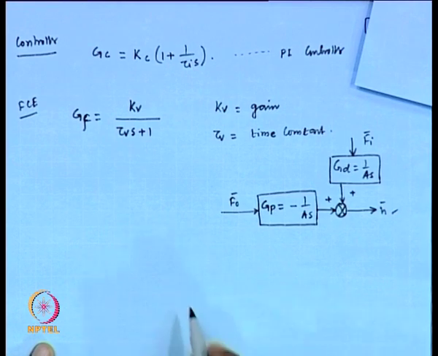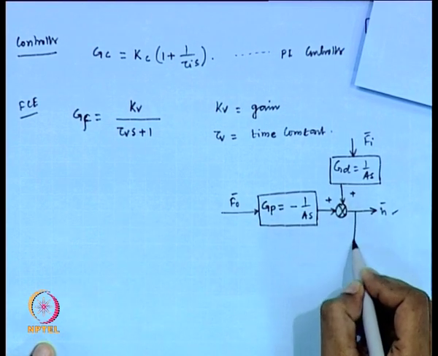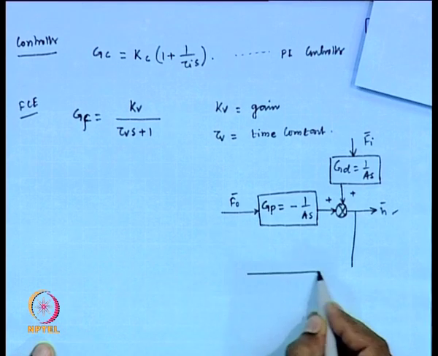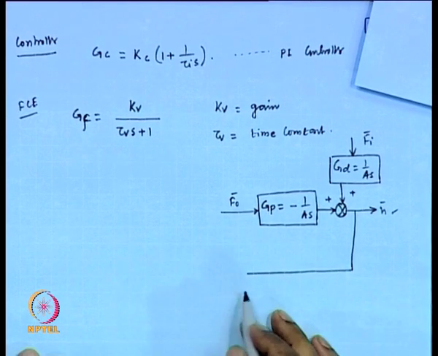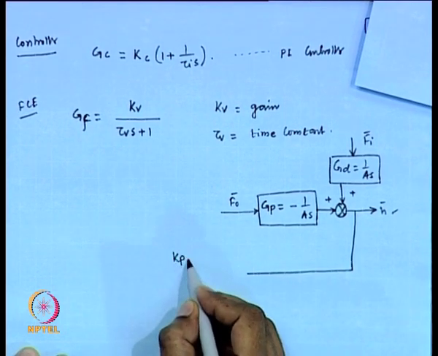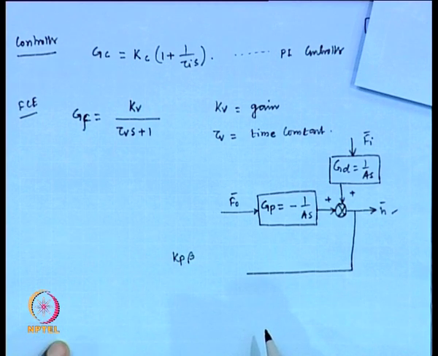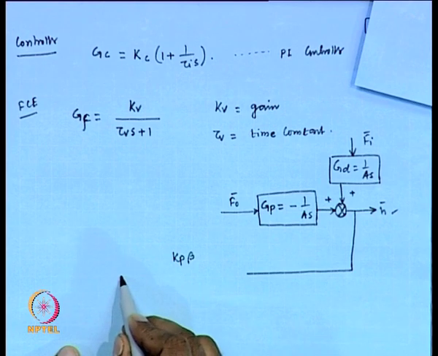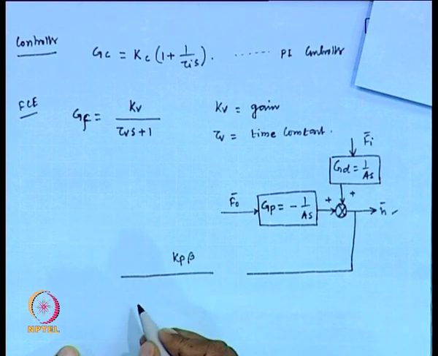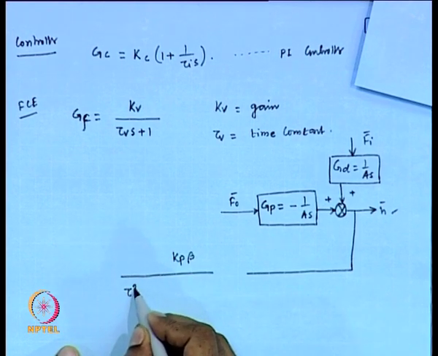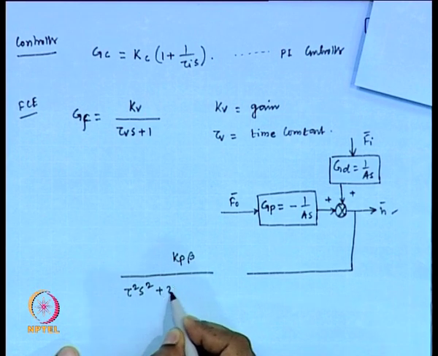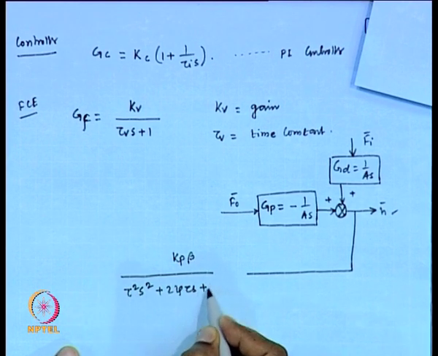Measuring device: for the measuring device we have derived the transfer function, K_p beta, where K_p is the gain of the measuring device, divided by tau square s square plus 2 zeta tau s plus 1.